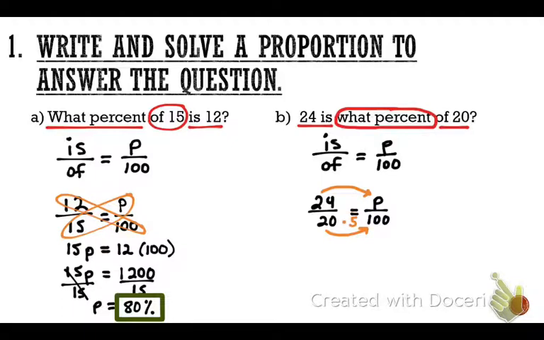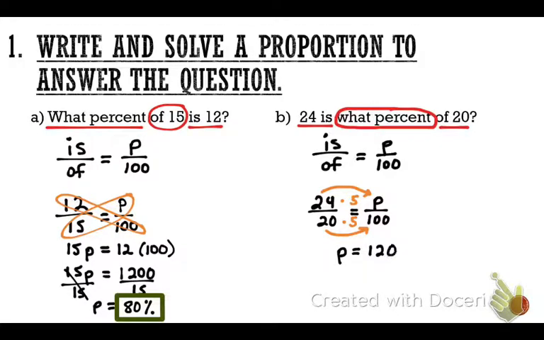On the bottom you can see 20 times 5 equals 100, which means on the top I also have to multiply by 5. Isaac, what is 24 times 5? Very good. P equals 120.